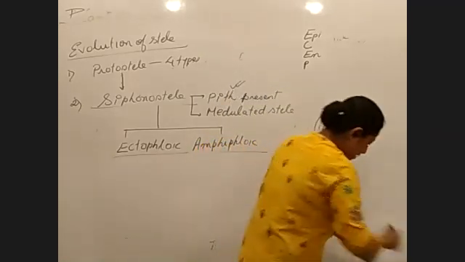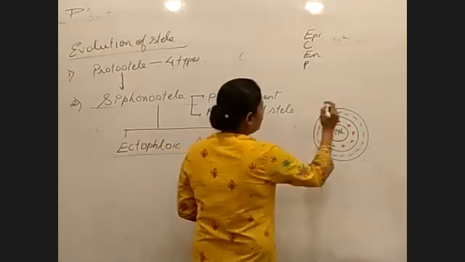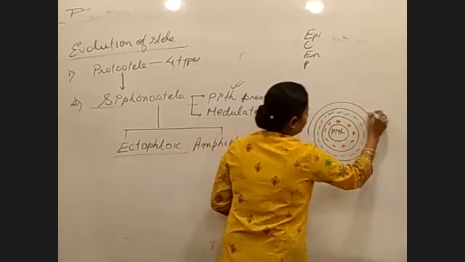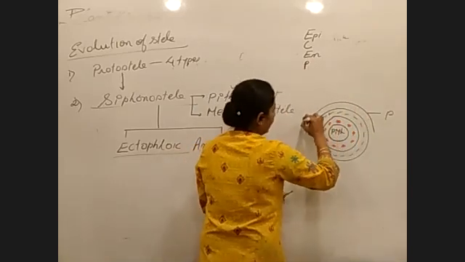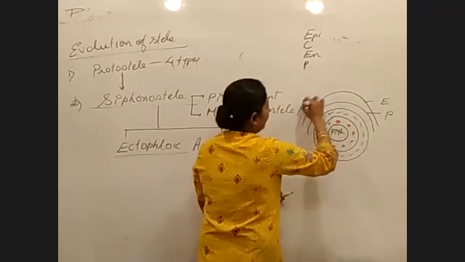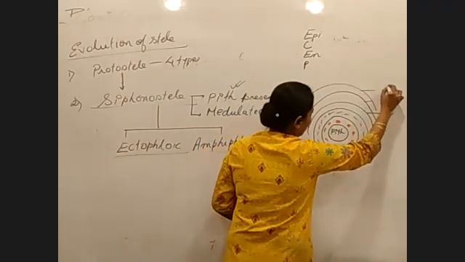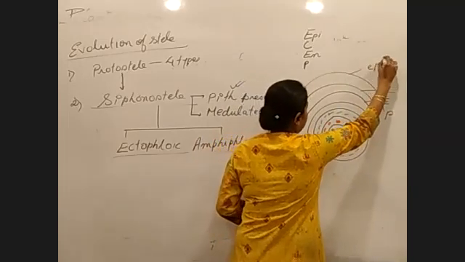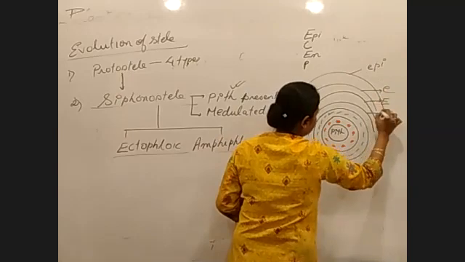Outside the phloem there is a layer we normally call pericycle. Outside the pericycle is endodermis, outside the endodermis is cortex, and outside the cortex is epidermis. Is the diagram clear?